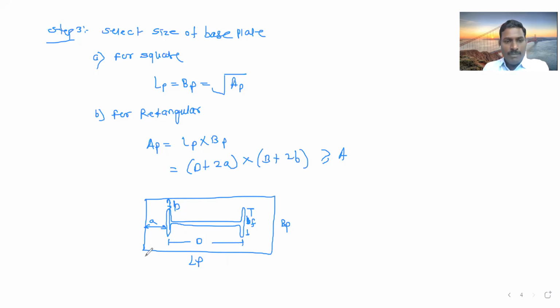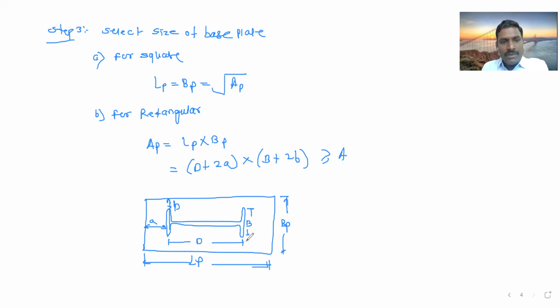The length of plate is there. Then width of plate is there. This is the depth of section. This is the width of flange. Actually this is capital B right here, capital B. This is the depth of I section.